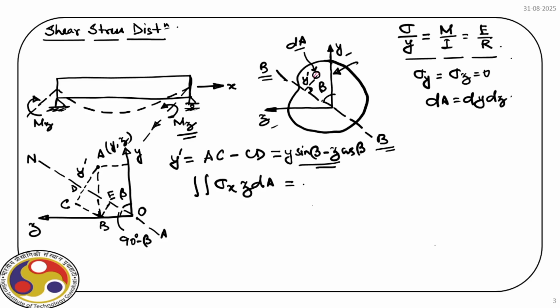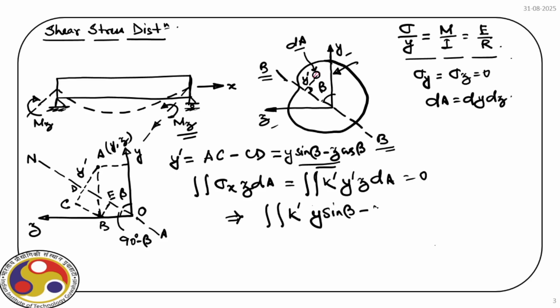And this is equal to double integral k prime y prime z dA, which is equal to 0 because there is no moment, right? So what we get, double integral k prime, in place of y prime we have y sine beta minus z cos of beta times z dA, which is equal to 0.